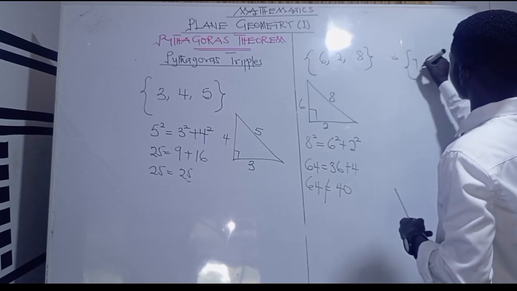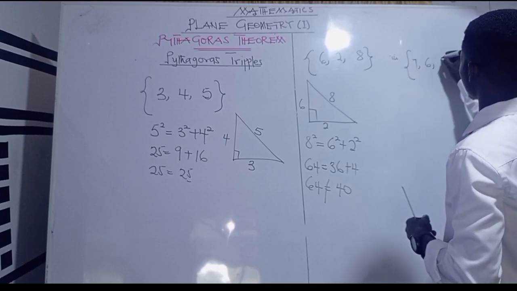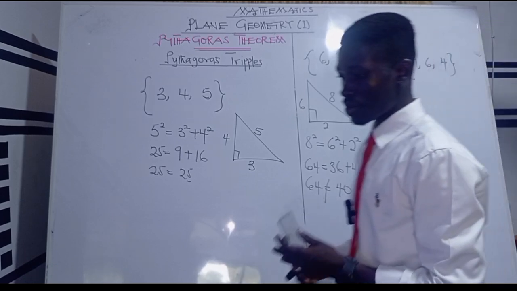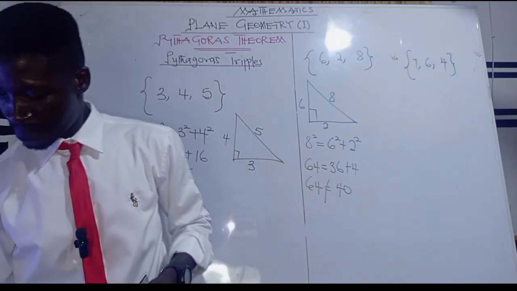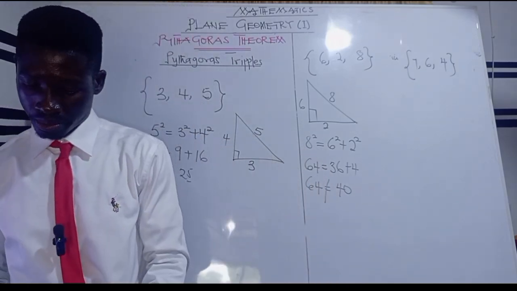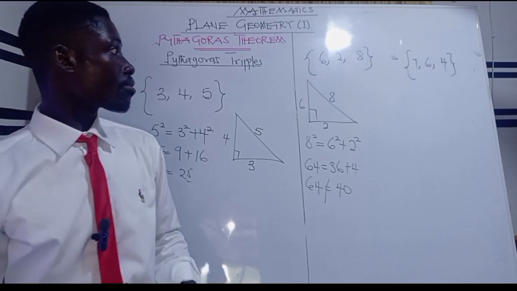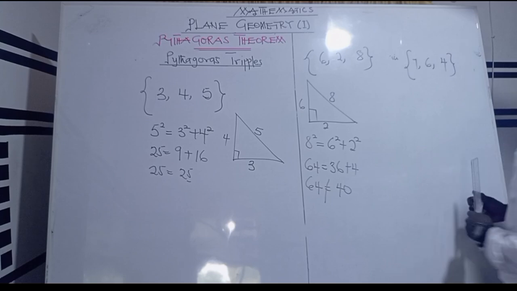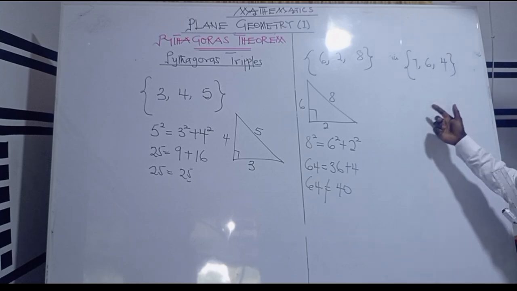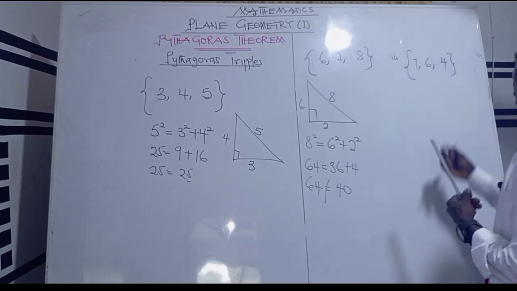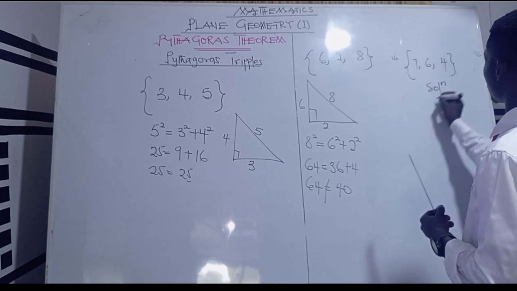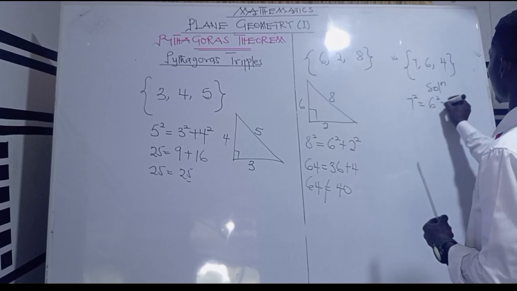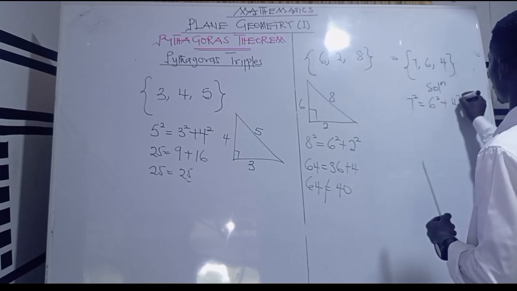Now verify to see if this set of numbers are Pythagorean triples. So we have 7, 6, and then 4. Verify. Good. So what did you get? Are they Pythagorean triples? So let's try. So we have 7 squared is equal to 6 squared plus 4 squared.